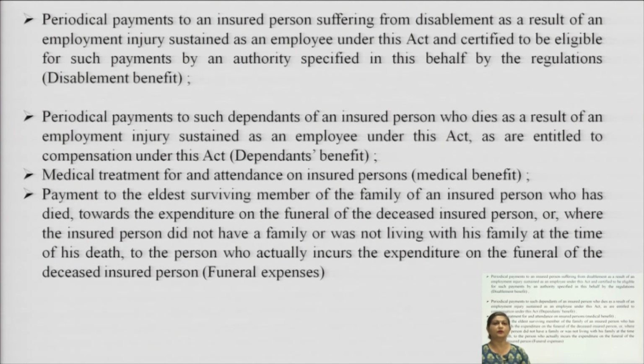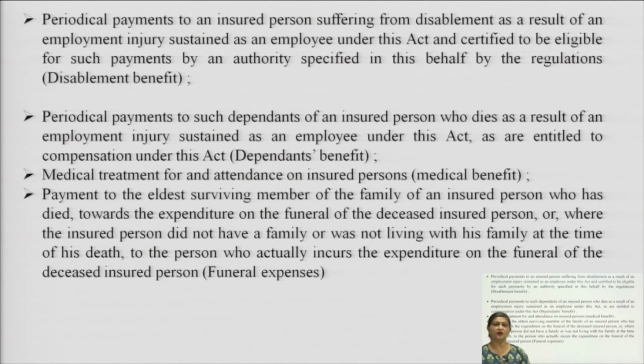Periodical payments to an insured person suffering from disablement as a result of an employment injury sustained as an employee under this Act and certified to be eligible for such payments by an authority specified in this behalf by the regulations, and these benefits are called disablement benefits.